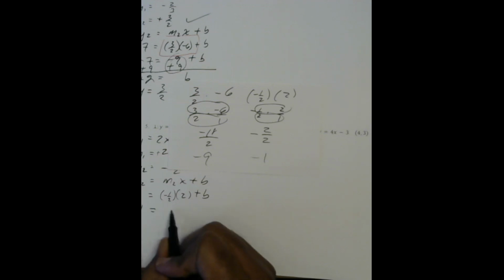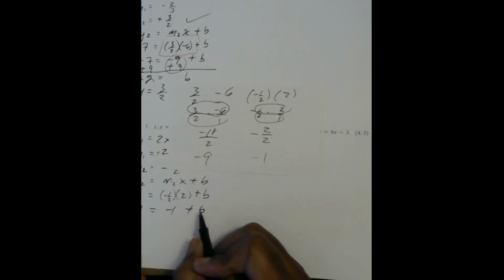So 1 equals negative 1 plus b. Furthermore, to solve for b, we're going to add 1 to both sides. And we'll get 2 equals b. So now we have our second slope and our second y-intercept. So the second equation is going to be y equals negative 1/2 x plus 2.